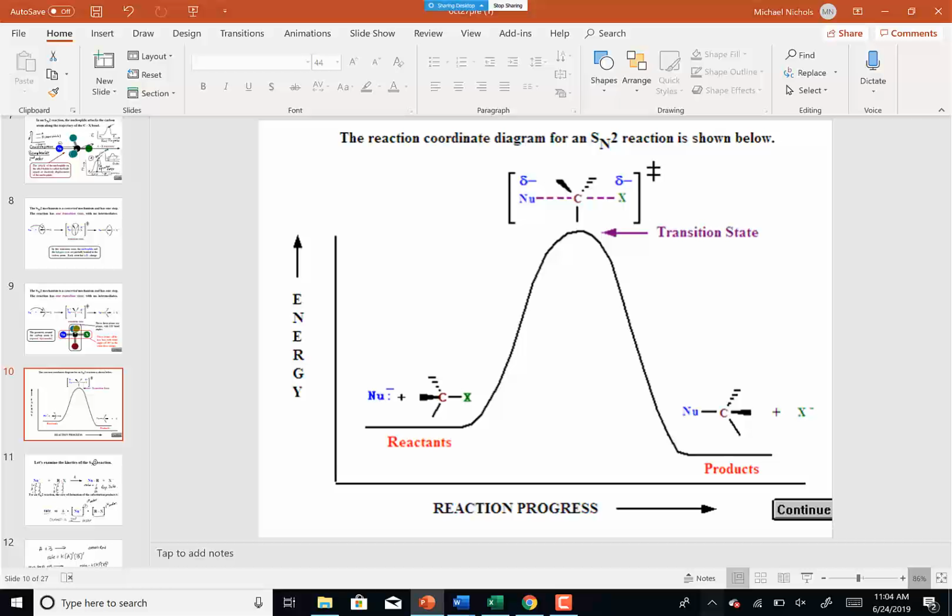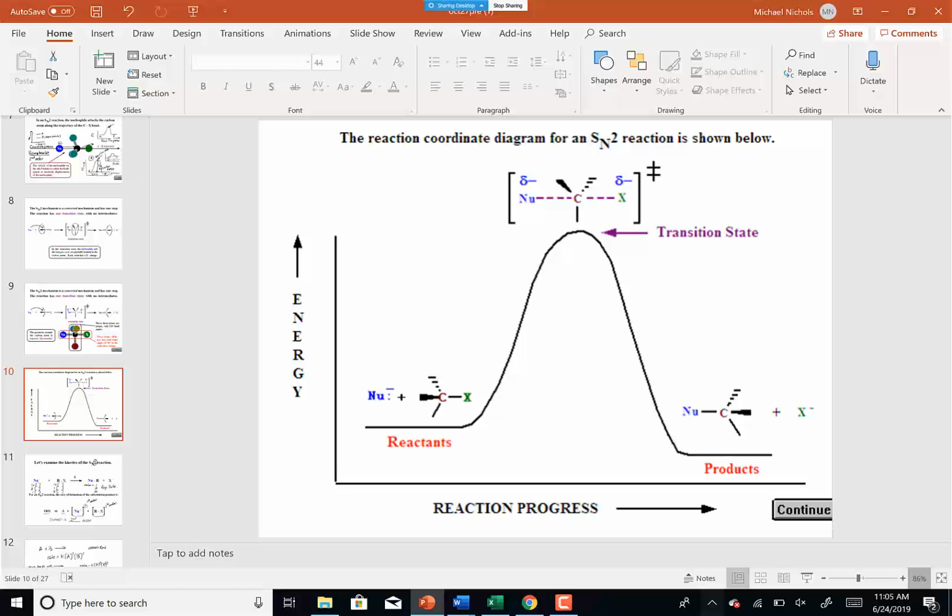Okay. All right, so is everybody still with me? So for SN2, we've got bimolecular kinetics. We've got a transition state that's trigonal bipyramidal.